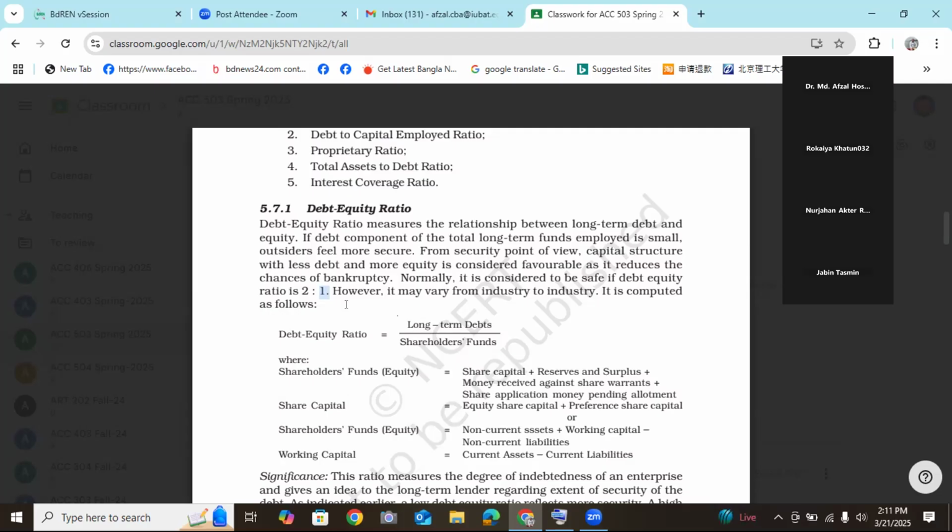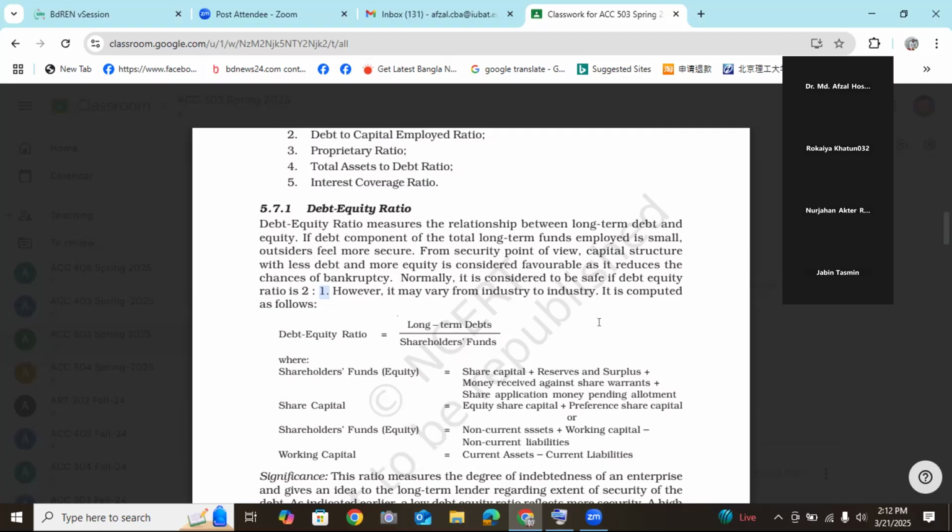On the other hand, corporates like pharmaceuticals or manufacturing companies like RFL, Square Toiletries, Square Pharmaceuticals, Beximco, Leather Company may maintain this standard.